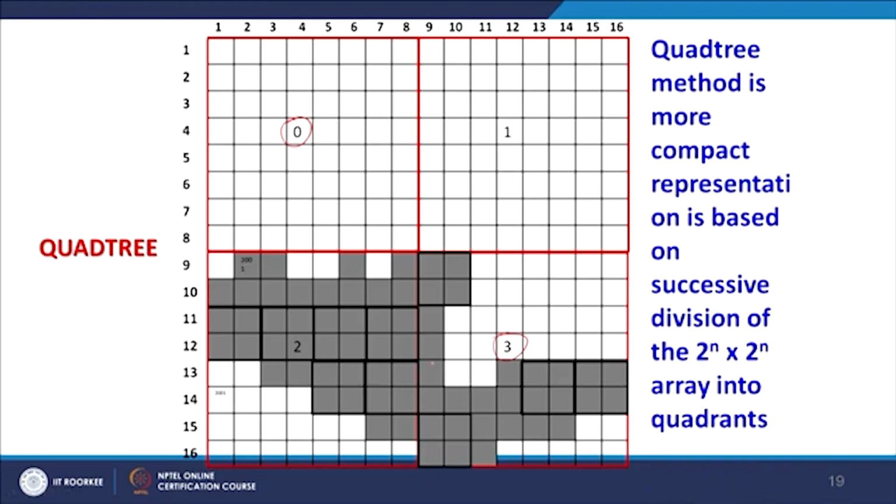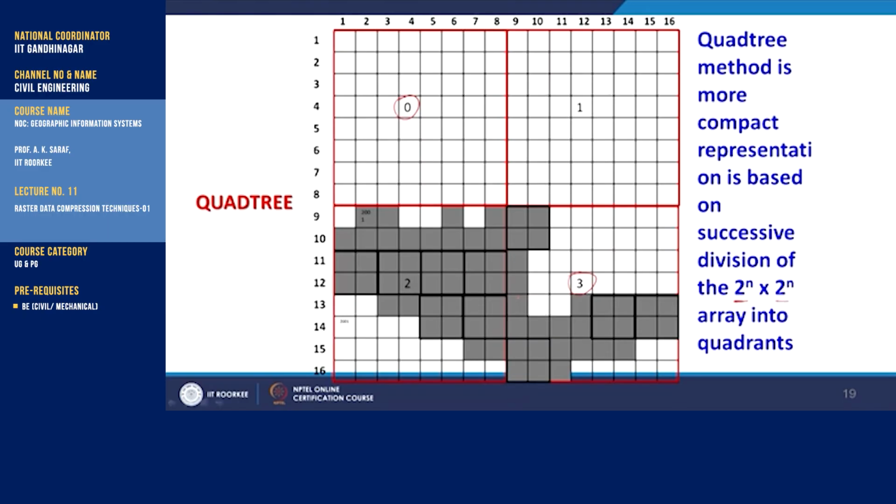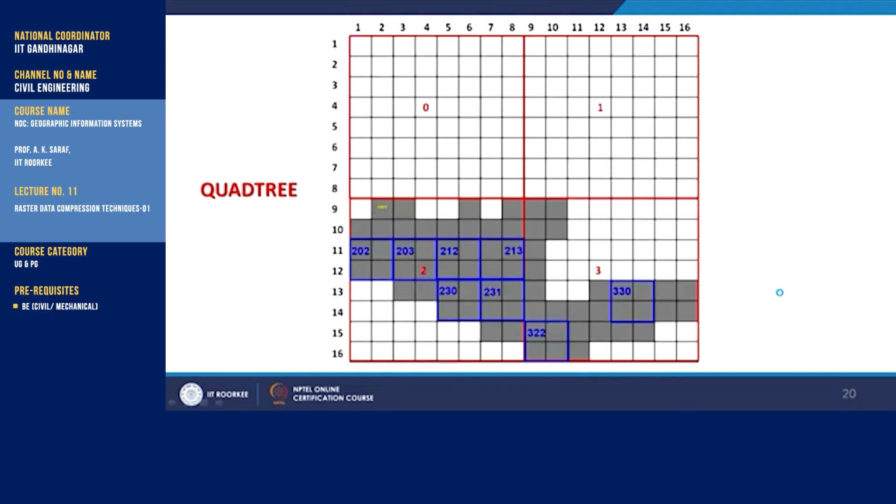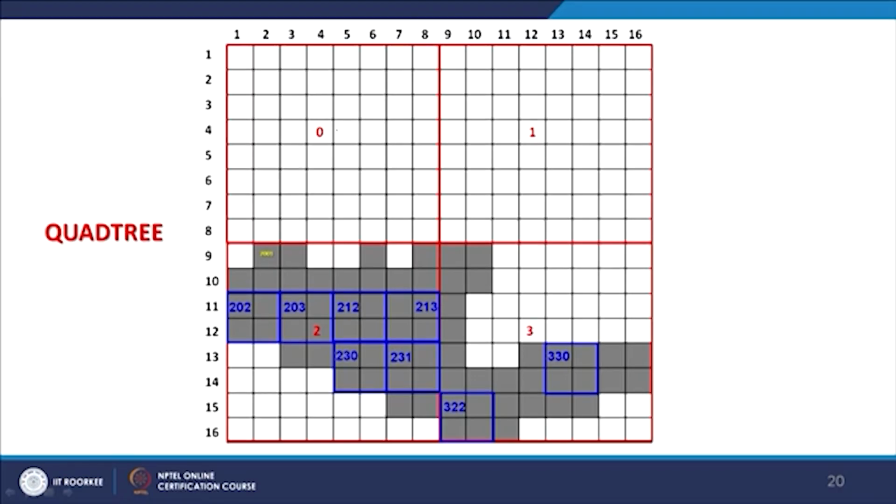So, the quad tree method is a more compact representation, which is based on successive division of a 2 power n by 2 power n array into quadrants. So, this is always divided into 4 parts till you reach the unit level. Like here, the entire input binary image is divided in 4 quadrants: 0, 1 and 2, 3.